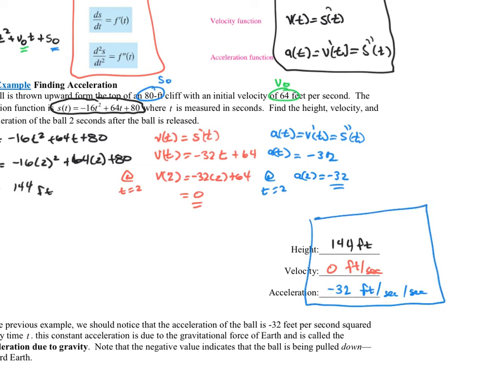Okay? That negative 32, notice it didn't matter at what point in time. What that means is our acceleration is always constant. And on Earth, that's true if you're talking about an object moving downwards. It is always moving downwards towards the center of Earth, because that's where the pull of gravity comes from, at a rate of negative 32 feet per second per second. You'll also learn that in a physics class, I'm sure.